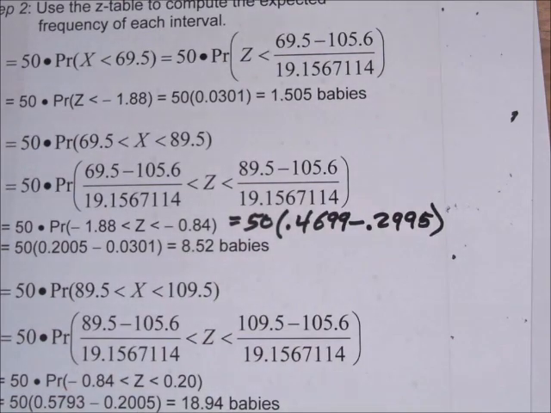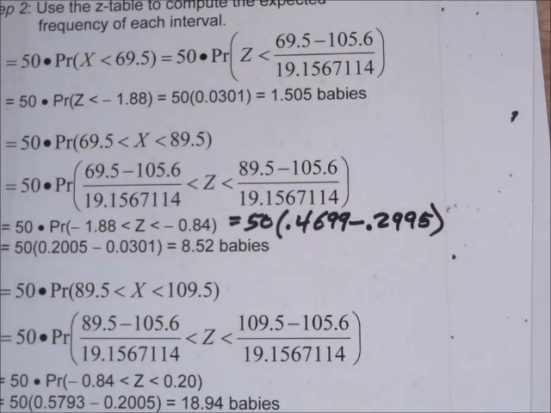And then if we subtract and multiply by 50: 0.4699 minus 0.2995, times 50, equals 8.52.